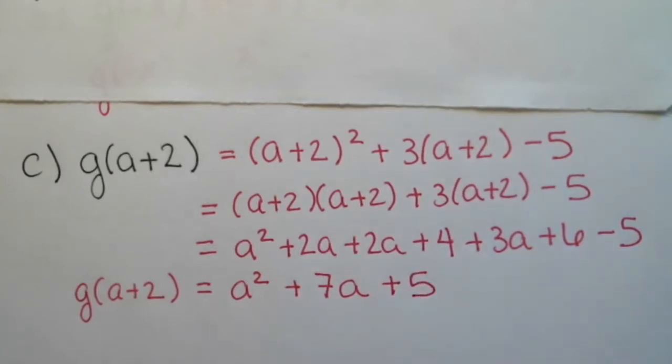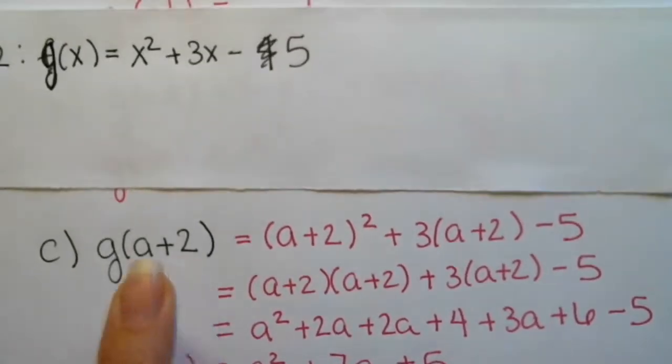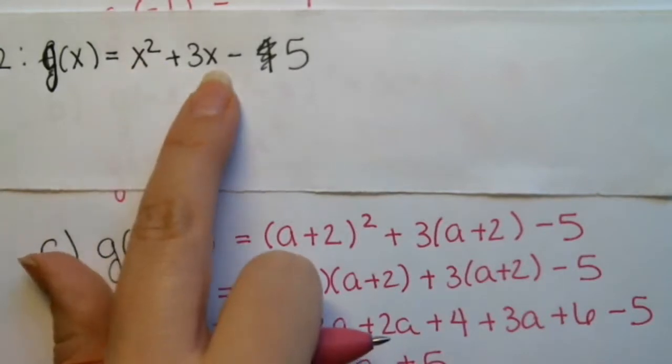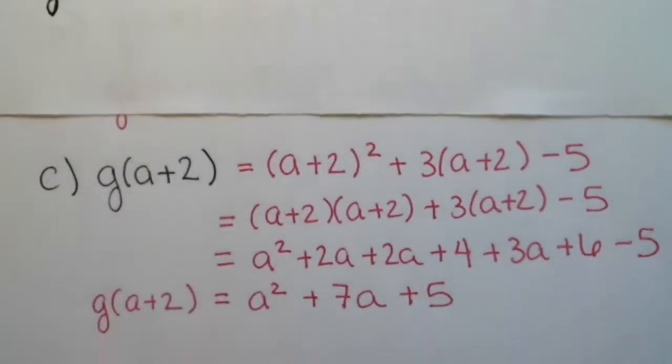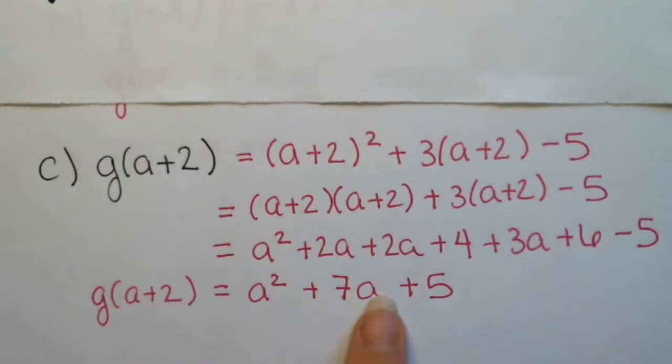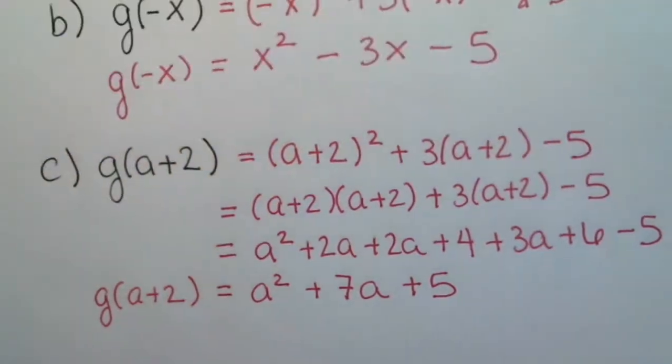So that would be my final answer. So again, you're plugging in a plus 2 for x here, and then you're multiplying it out to simplify. Okay, let's look at one last example with this same function.